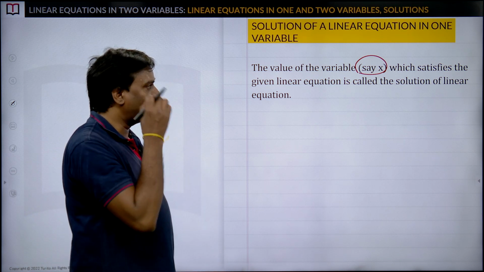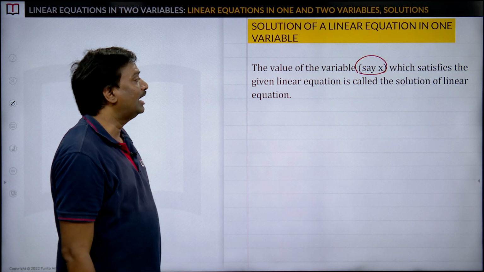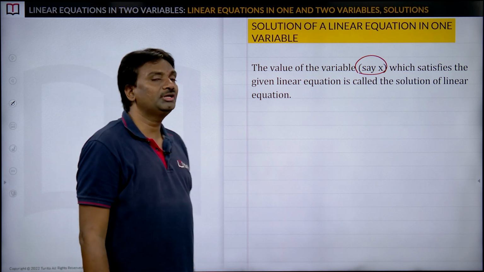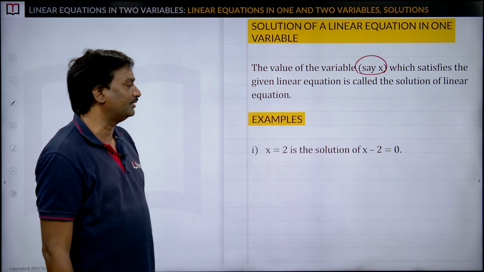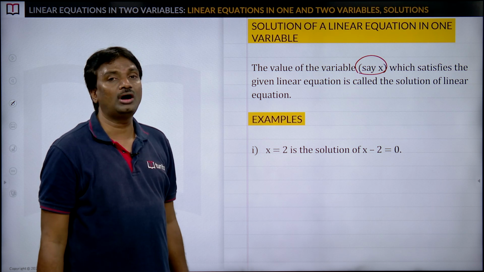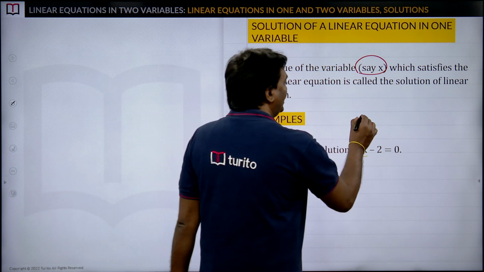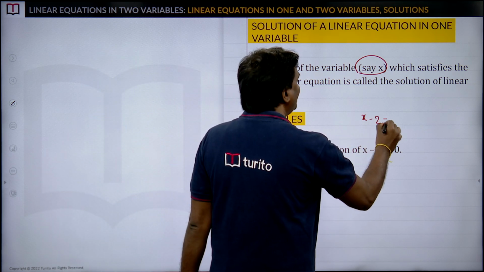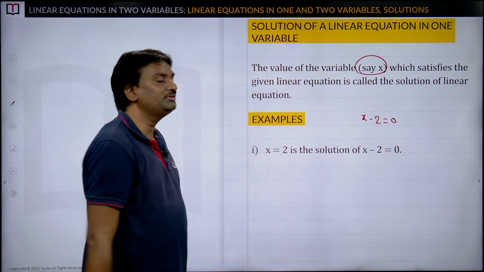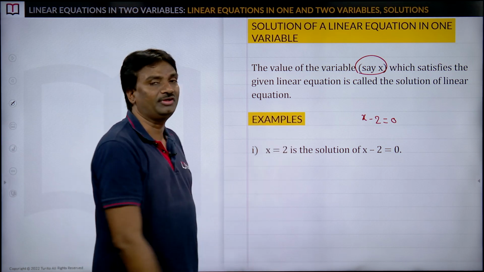The value of the variable, say x, which satisfies the given linear equation is called the solution of a linear equation. For example, x equal to 2 is the solution of x minus 2 equal to 0. Here we have x minus 2 equal to 0, and I am saying x equal to 2 is the solution. Why?